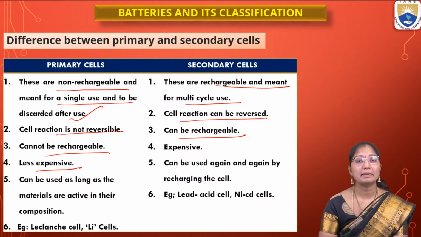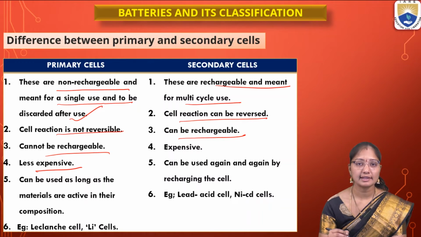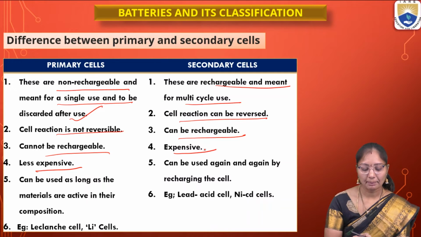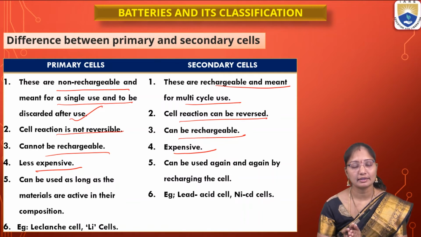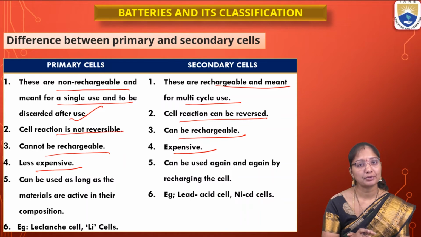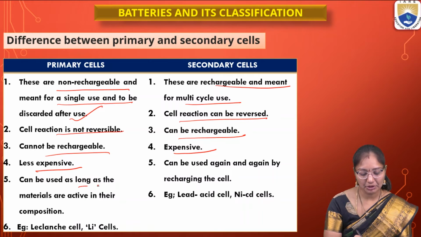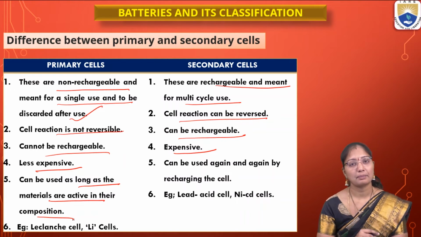Primary cells are very inexpensive, whereas secondary cells are comparatively expensive. Primary cells can be used as long as the materials in them are active in their composition.